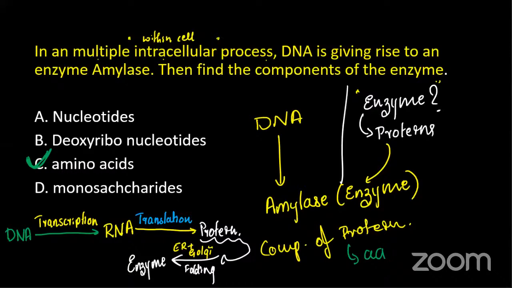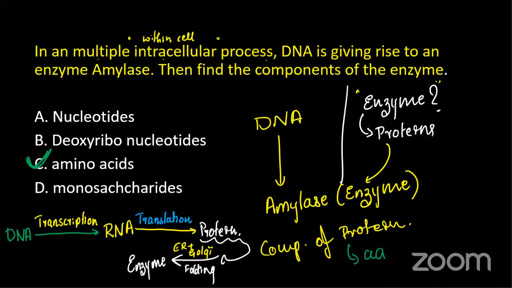Then sometimes we have to add some other groups to the protein to make it 100% correct. That process happens in the Golgi, right? Only two organelles help in the folding of the protein: the endoplasmic reticulum and the Golgi.